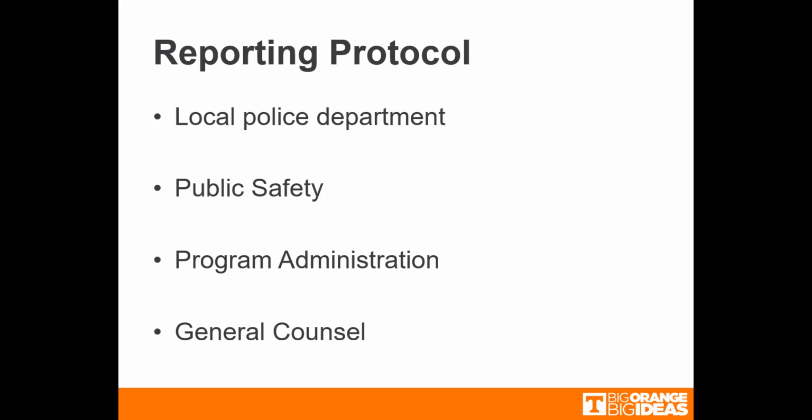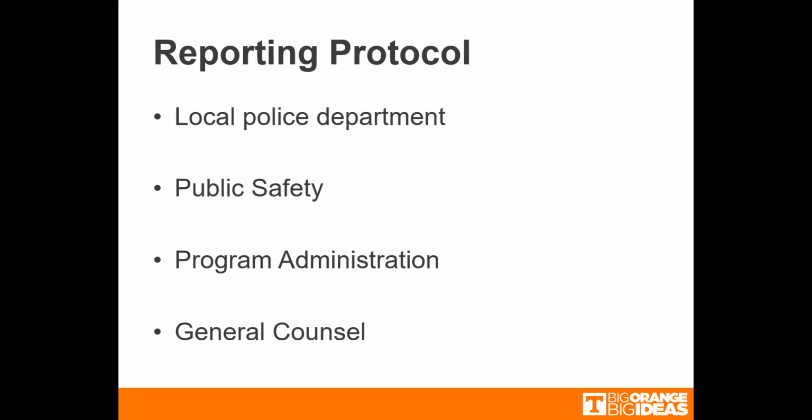First is going to be the local police department. You can report to the local police department or a judge in the jurisdiction. So that's your first call or first notification. Reporting it to campus police or public safety should also occur, but after you let the local police or the judge know.